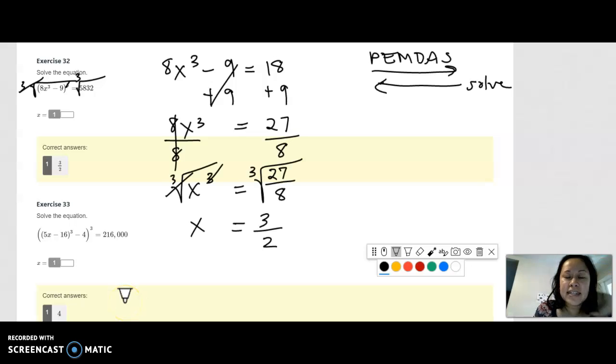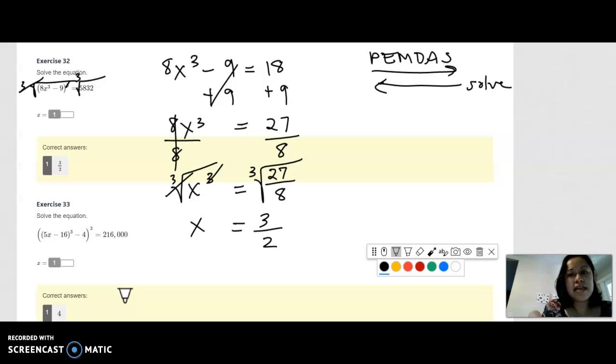I just realized I didn't record this last problem, so here we go. What I did was I first cube rooted both sides to get rid of this cube here, because cubing and cube root are inverse operations. So then you're left with 8x cubed minus 9 equals 18. 18 was the cube root of 5,832, which I did on the calculator.